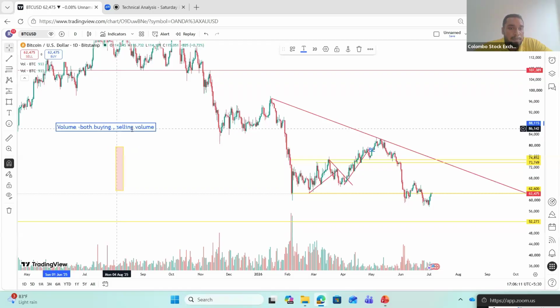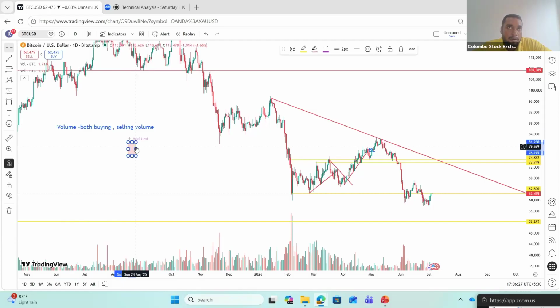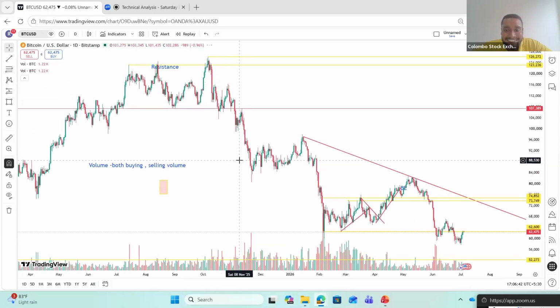That means buying pressure and selling pressure are the same, but then the volume could still spike, while the candle would be smaller, because they are equal buying and selling pressures, but the volume is high because both buyers and sellers are in the game. I don't know if you understand that.